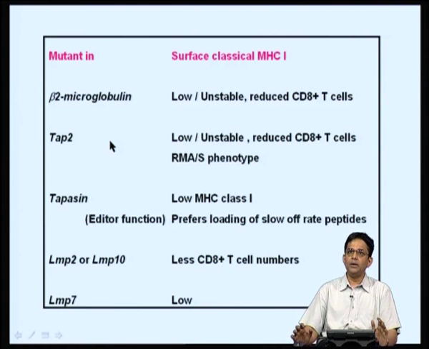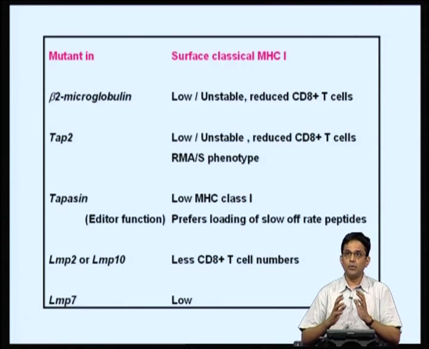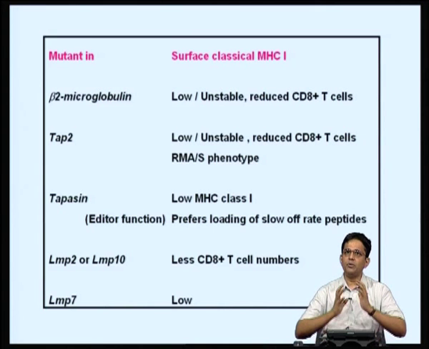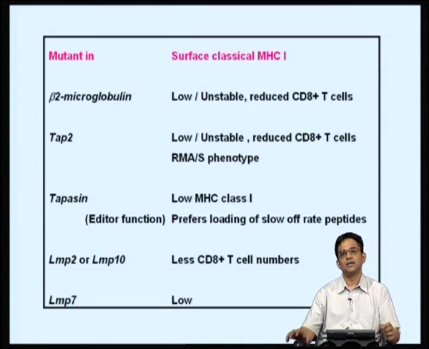So, beta 2 microglobulin, as was shown previously, binds to the heavy chain, and it gives it stability. In fact, the trimer, which is the heavy chain, the beta 2 microglobulin and the peptide, is required for proper structural integrity of the MHC class 1 molecules.